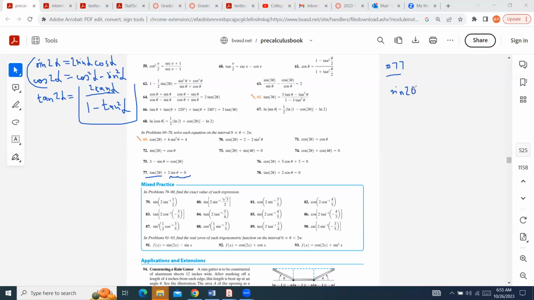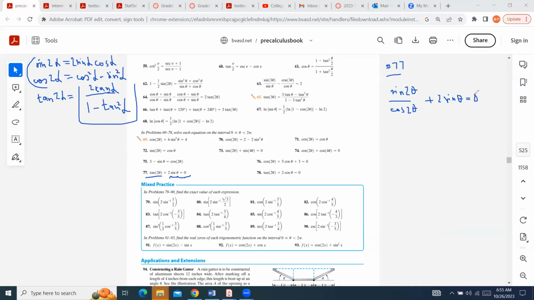So sine 2 theta divided by cosine 2 theta is the one that I start with. Then 2 times sine theta is going to be another piece, and it is equal to 0, right?